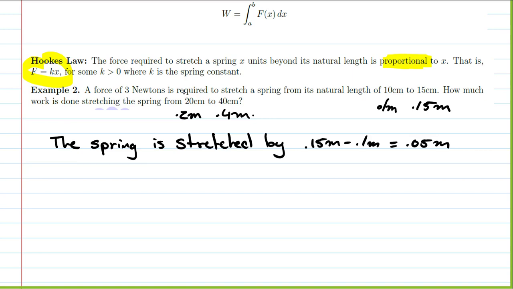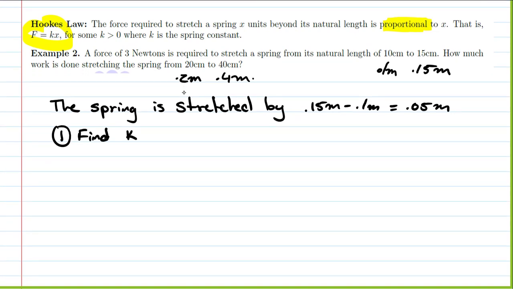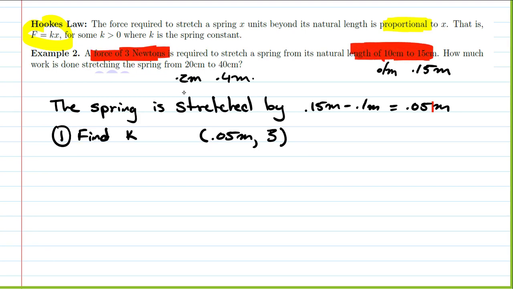So in terms of our proportionality, we need to, 1, find k. To find the proportionality constant, we need an ordered pair. So when we input a distance of 0.05 meters, what did we get out as the corresponding force? 3 newtons. Because we had a force of 3 newtons, stretched it this far.